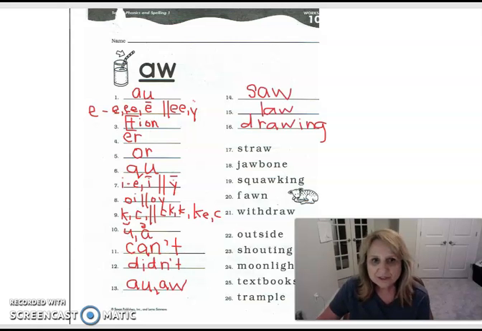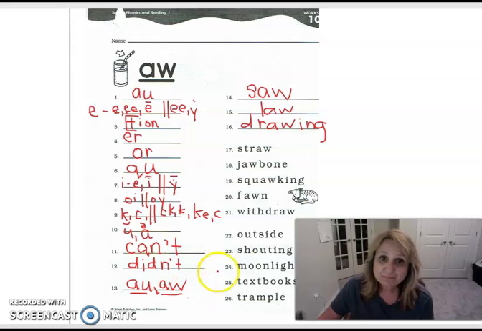Okay, boys and girls, go ahead and check the rest of your words. Didn't. Make sure you have the apostrophe in the right place. Vowel digraph AU, digraph AW. Normally, if it's AW, it will come at the end of the word, but we've already seen that sometimes, like in the word lawn or yawn, there might be an N at the end, so that's not always the rule.